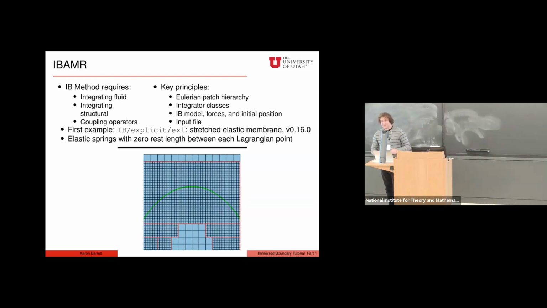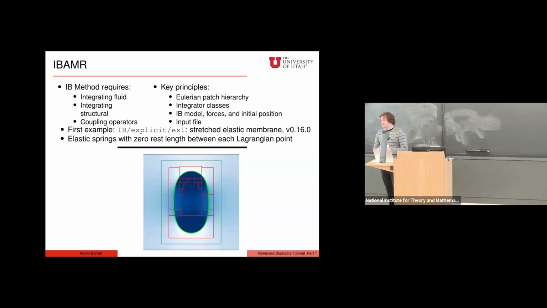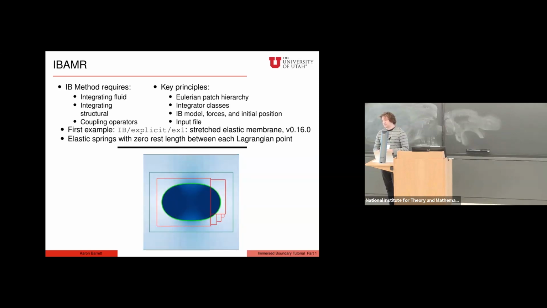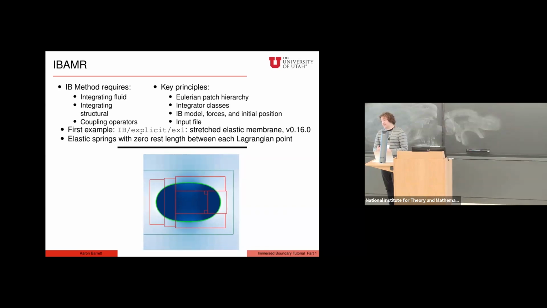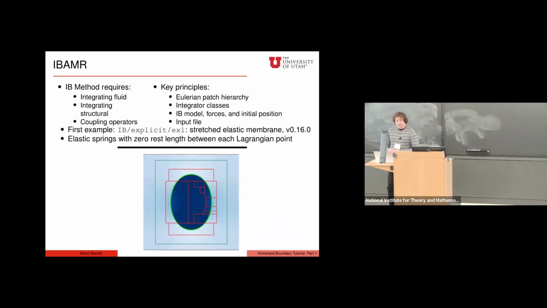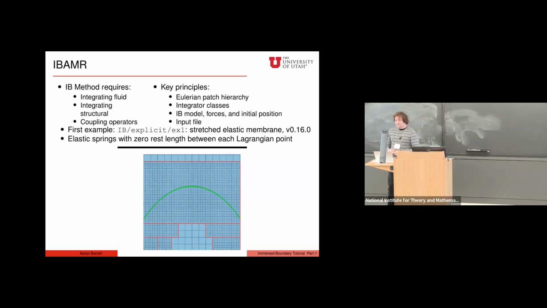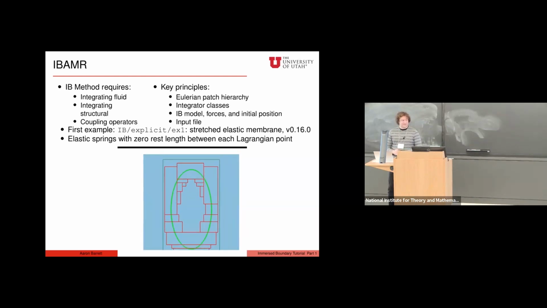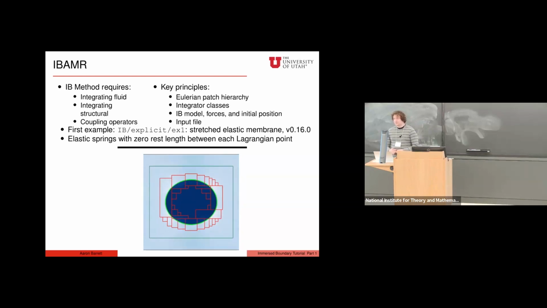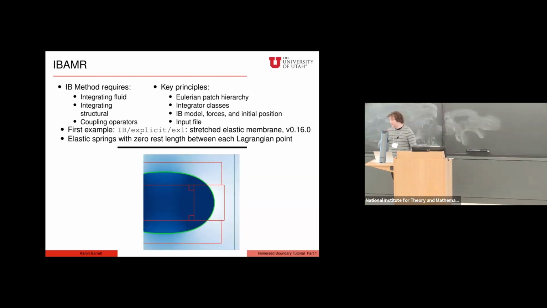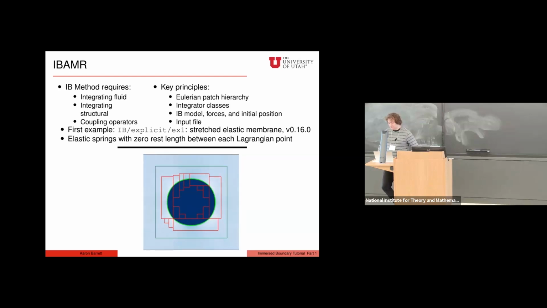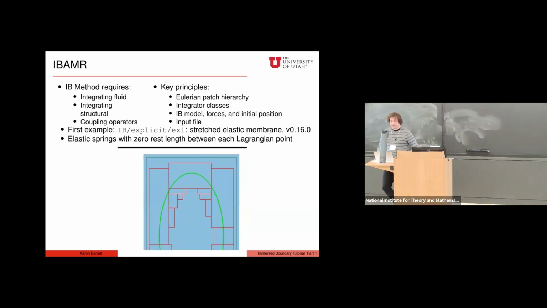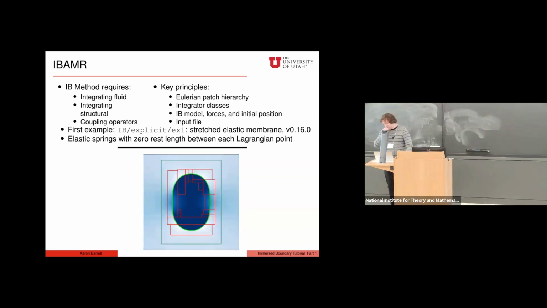We also have integrator classes that know how to solve certain equations: Navier-Stokes, IB, and advection-diffusion equations. Then we have different classes associated with different immersed boundary models, ways to evaluate forces in different ways, and we'll see a few of those. And then there's an input file that is parsed and provides a bunch of runtime options.